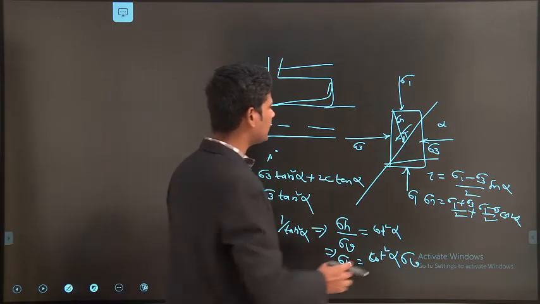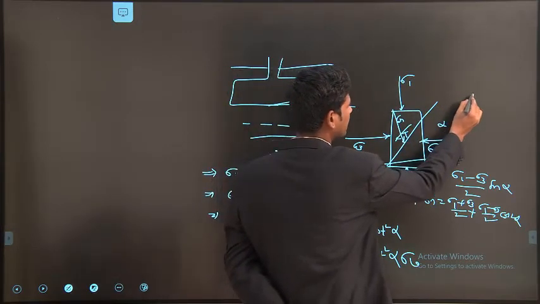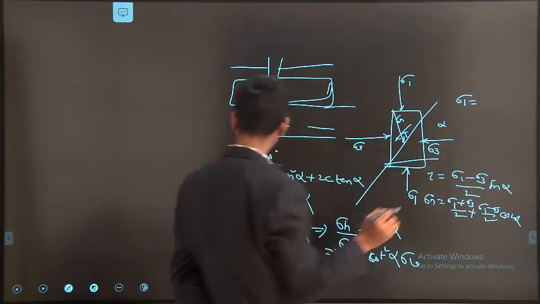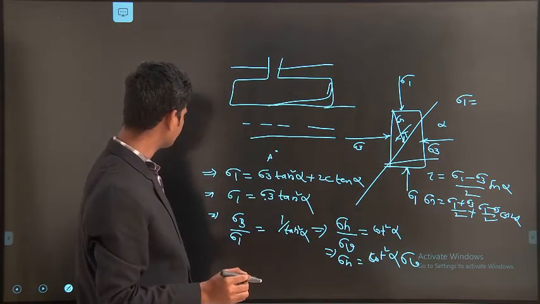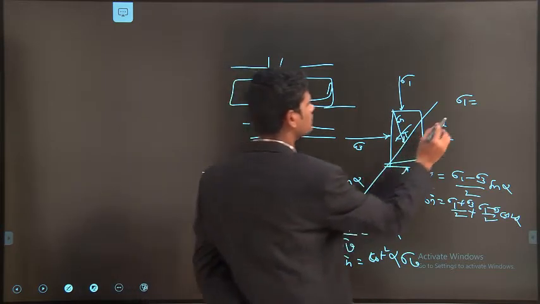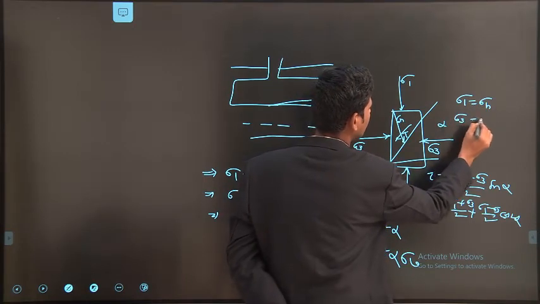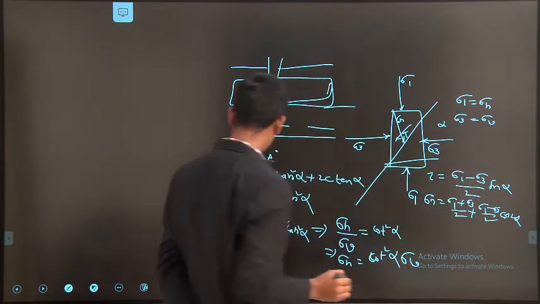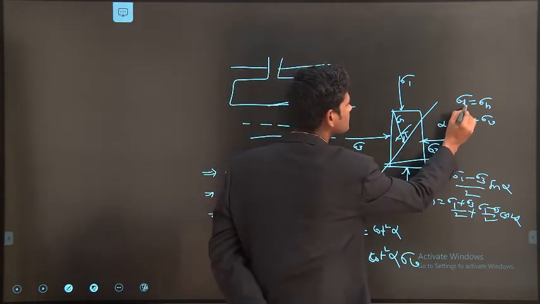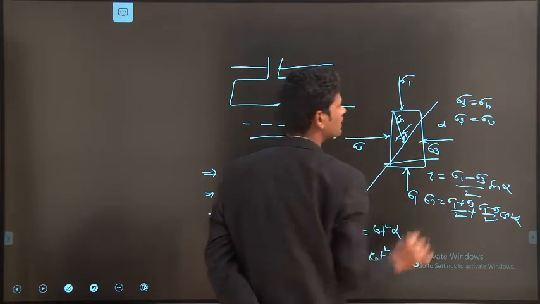Based on the effective condition, the soil mass may vary. In the active condition, we take sigma 3 equal to sigma h and sigma 1 equal to sigma v.